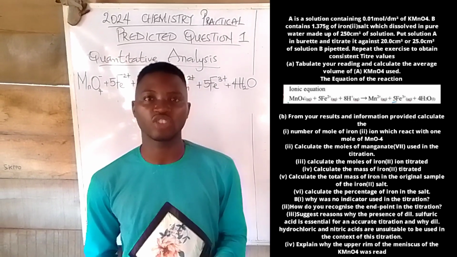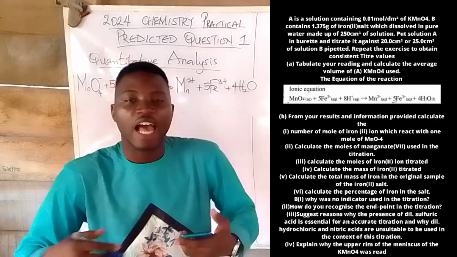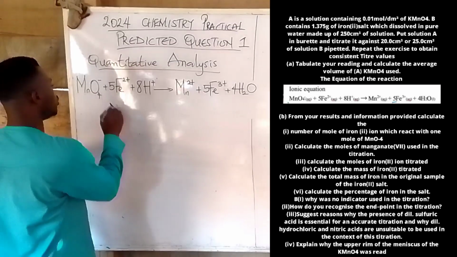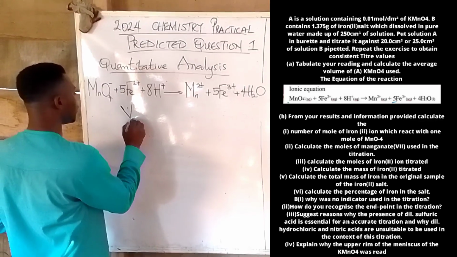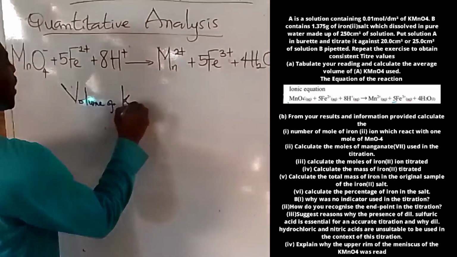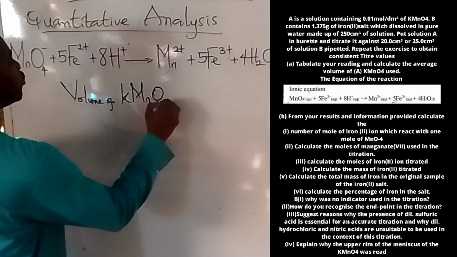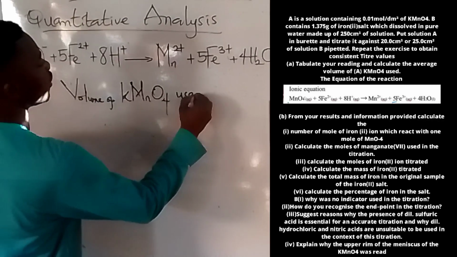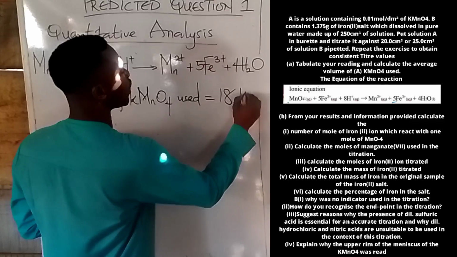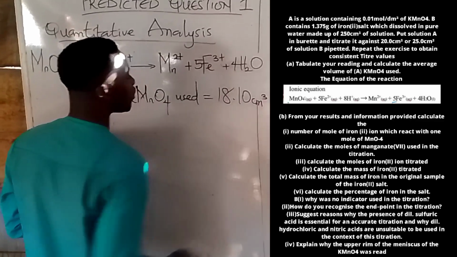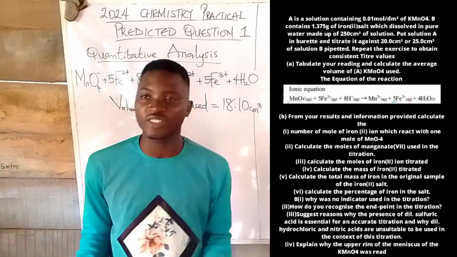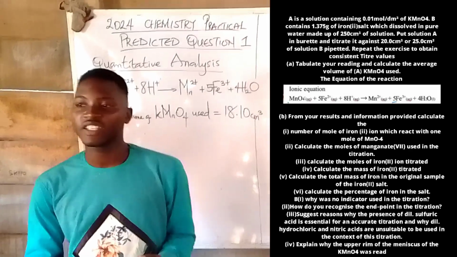So according to the question, let's assume that after my titration, the volume of KMnO4 used is 18.10 centimeter cube. I'm only assuming, because different schools have their own different titre values.